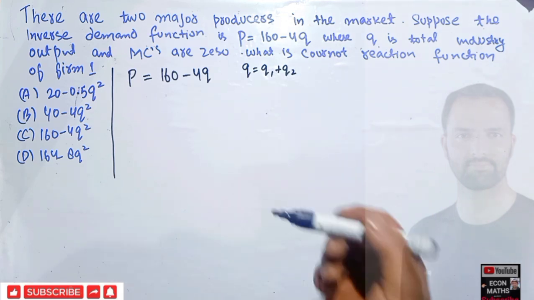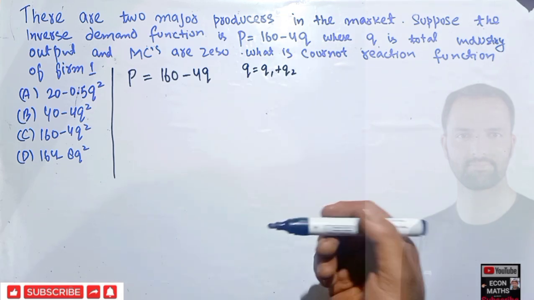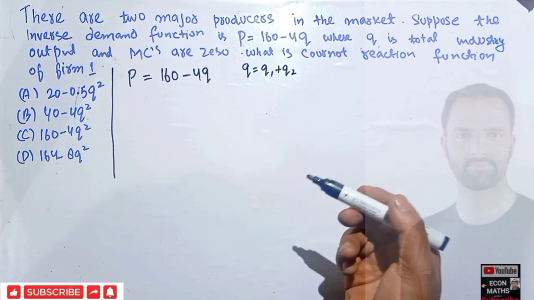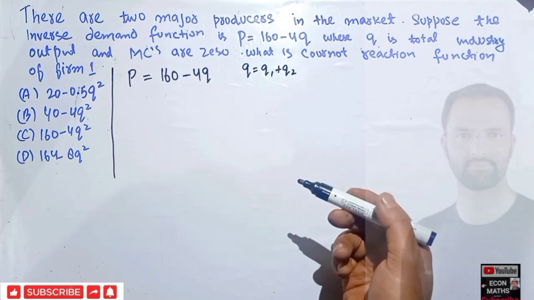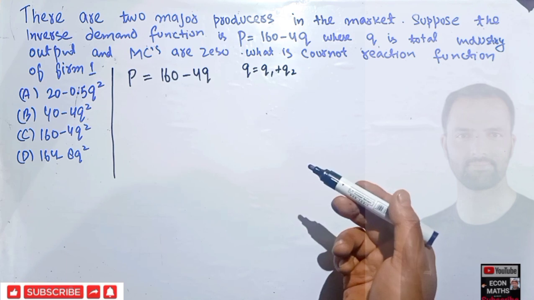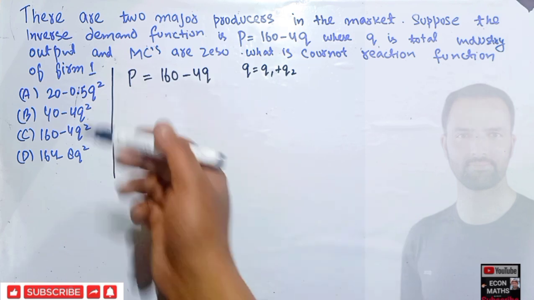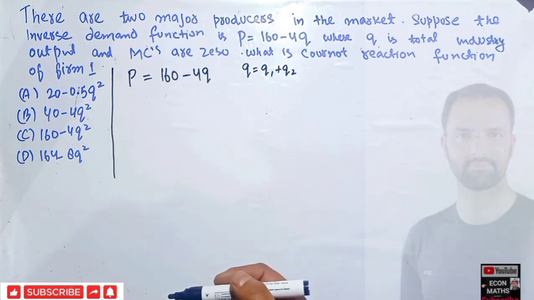In the Cournot model, I have explained in detail the Cournot duopoly model, what the assumptions are and how we find the reaction function, so I will just try to solve this here. This is our market demand function.